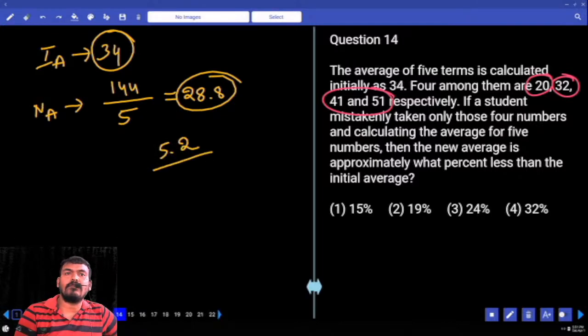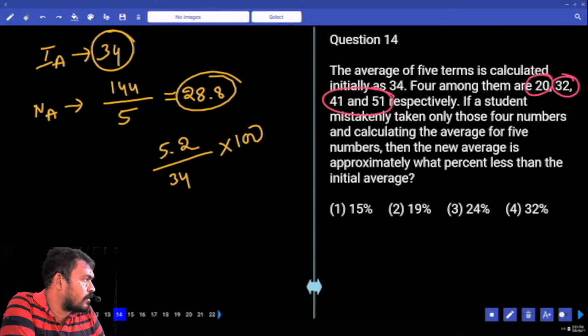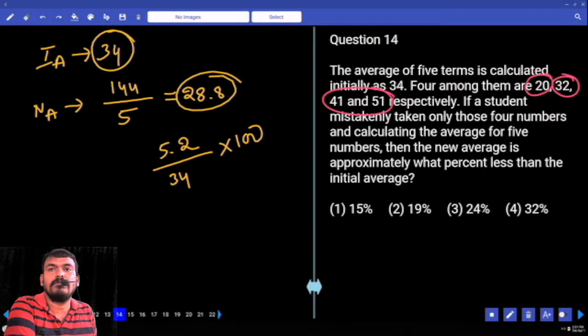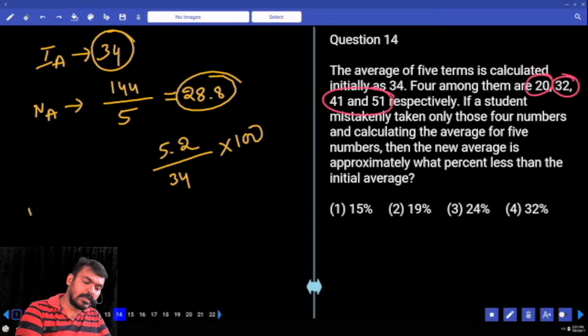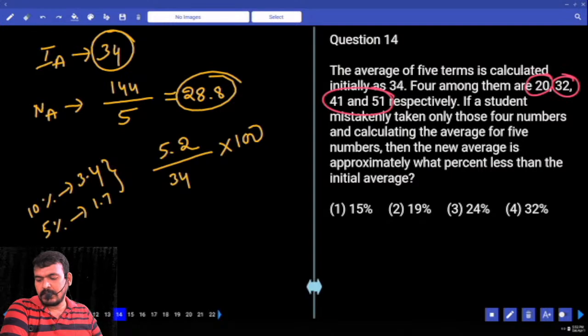That is calculated on which one? Initial average or new average? Initial average. What is the initial average? 34 multiplied by 100. What is the denominator? 34. More than 10% or less than 10%? More than 10%. What is the 10% value? 3.4. Next, what is the 5% value? 1.7. 3.4 plus 1.7 is 5.1, which is closer to which one? 15%.